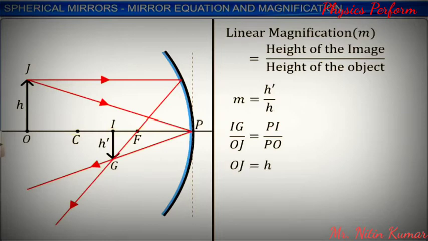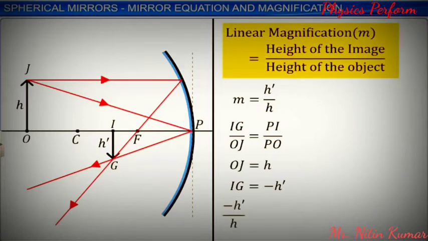Substituting these values in the above equation, we get minus H dash by H is equal to minus V by minus U. Therefore, M is equal to H dash by H and is equal to minus V by U.